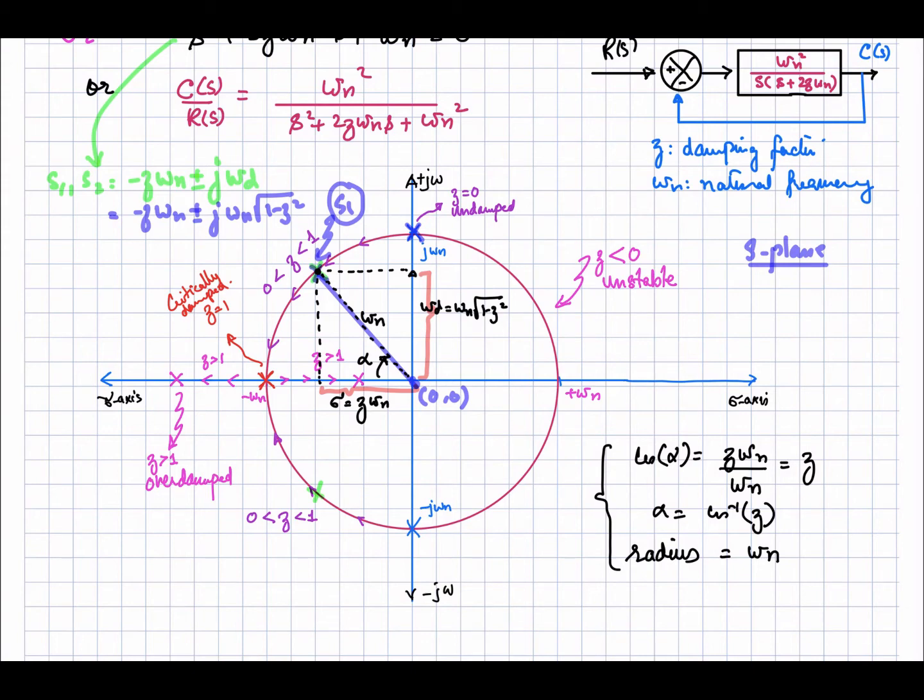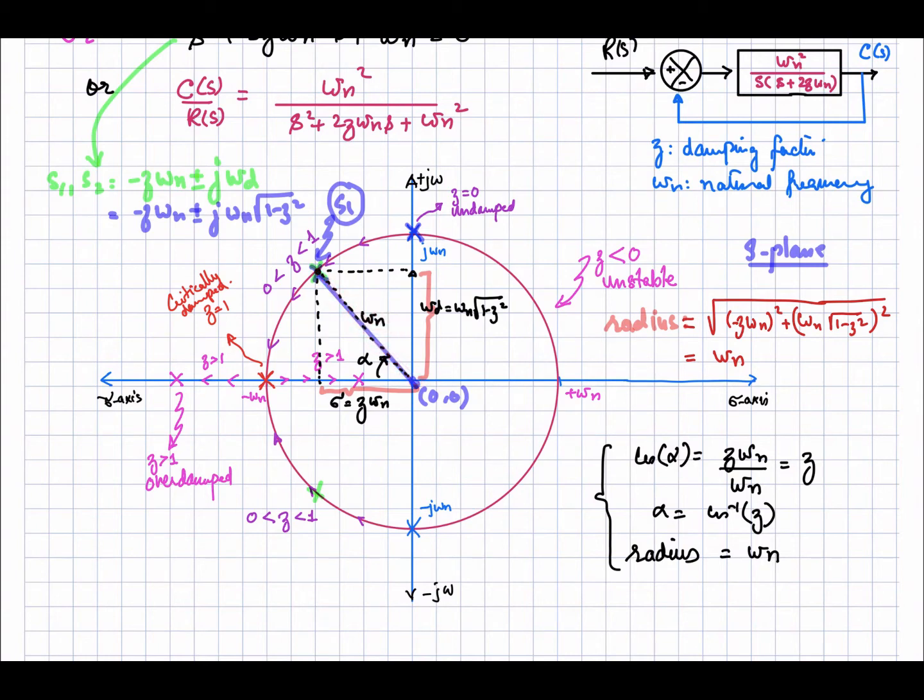We can simply find the radius of the circle using this expression: square root of minus zeta omega n whole square plus omega n into square root of 1 minus zeta square whole square. If we simplify this, we are going to get omega n. So the radius of this circle will be equal to omega n, right?